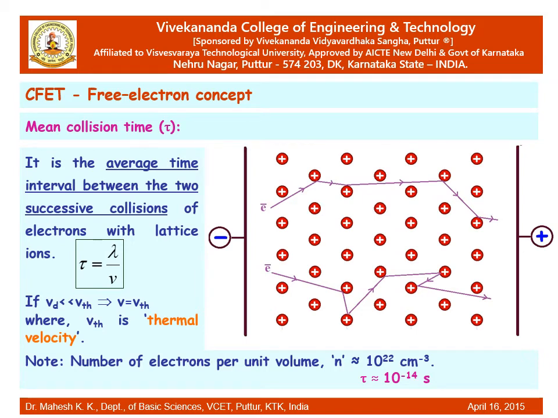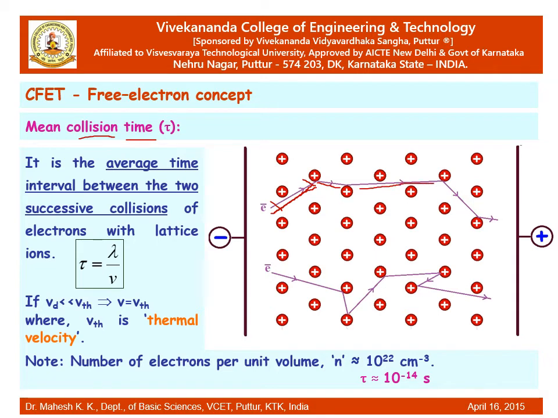Mean collision time. Here also you need to understand the word first. First understand time, next is collision time. We have learned in the previous diagram that collision is inevitable. In the previous one we learned that the distance traveled is a free path. Now the time taken to travel such distance is nothing but the collision time. So it is the time taken between two successive collisions.